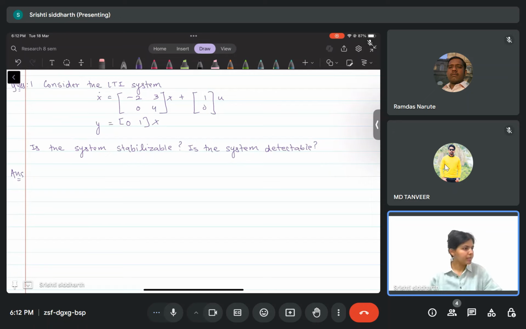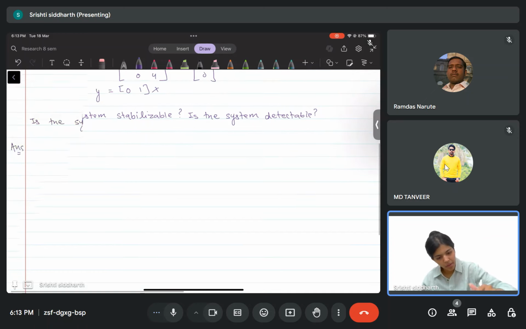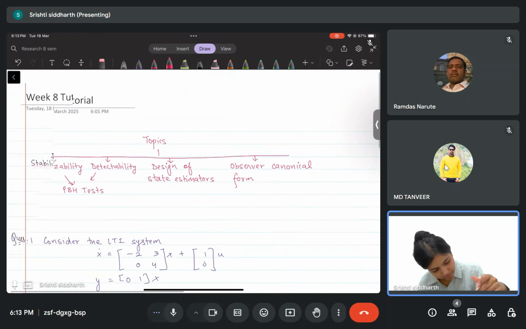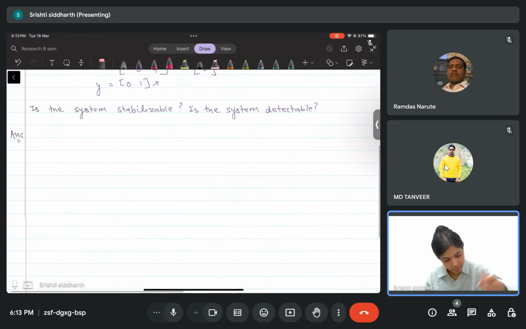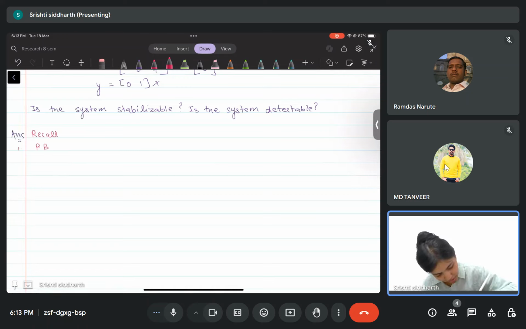Let's recall the PBH test for stabilizability.